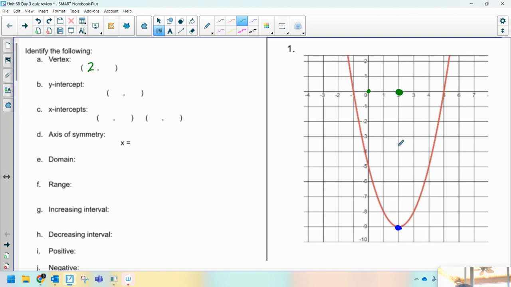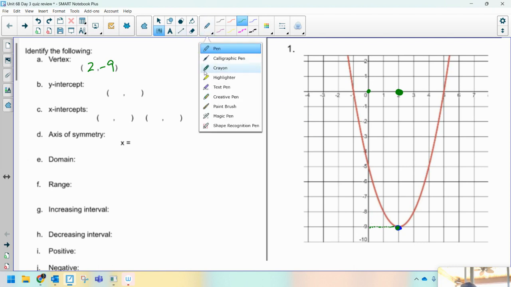Then we go down, and the number it's across from on the way down is negative 9. So remember, go left and right first, and then go down. We went to the right 2, and we went down to negative 9. That is our vertex.